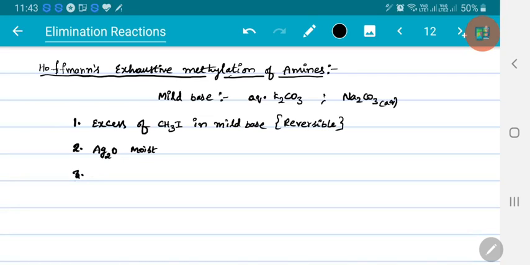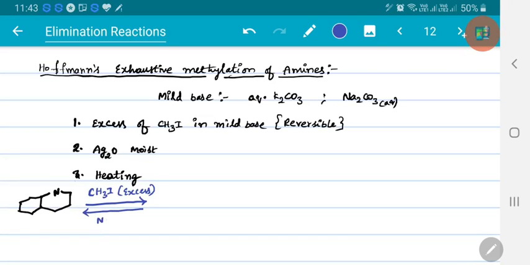Now let me explain this with an example. If I have taken a secondary amine in this way, a cyclic system, when this is allowed to react with excess methyl iodide and aqueous Na2CO3, I had already discussed this is a reversible reaction.